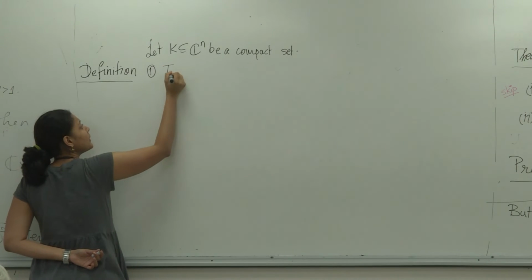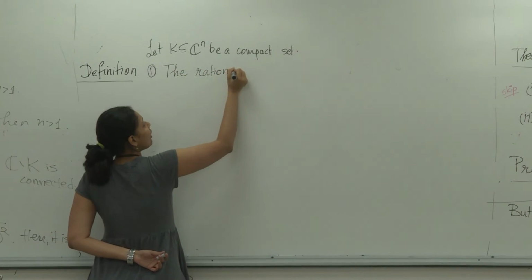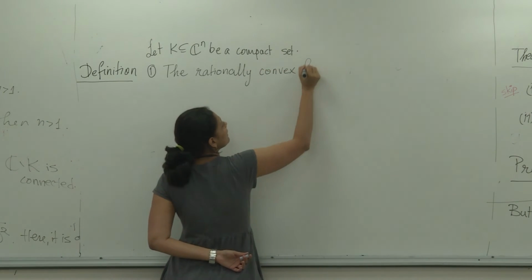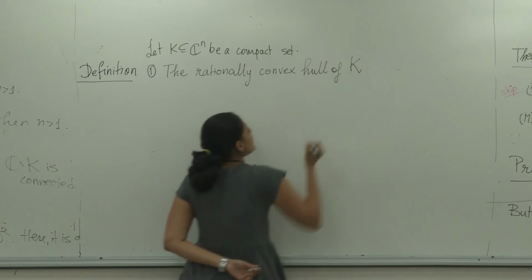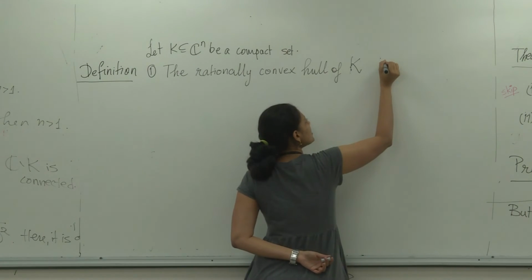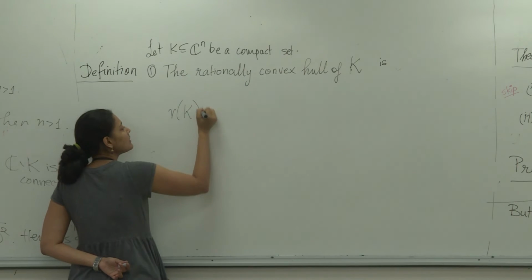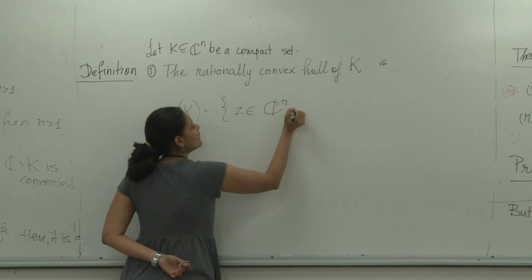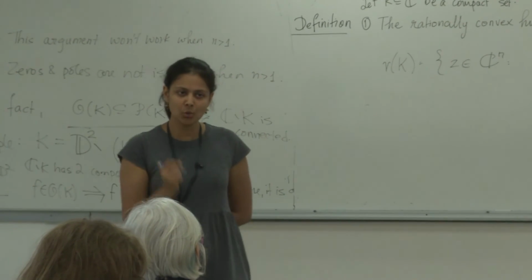Okay. So we are going to define a notion of a hull, the rationally convex hull of K is the following set. So I'm sort of going to collect all those points in Cn that cannot be separated from K using polynomials.